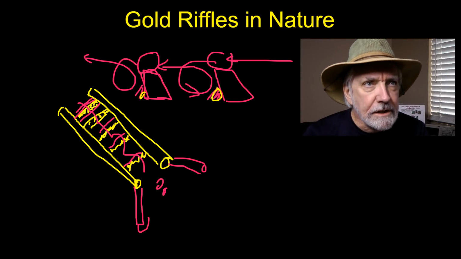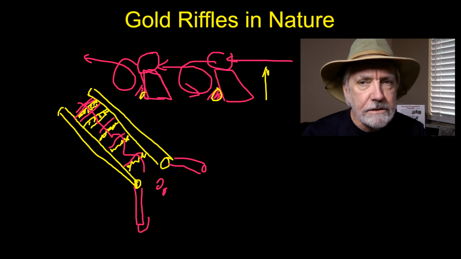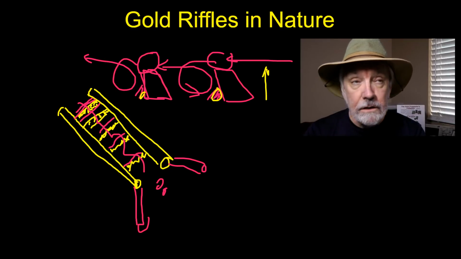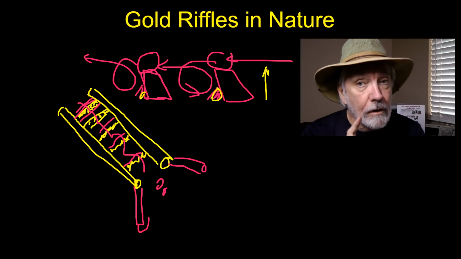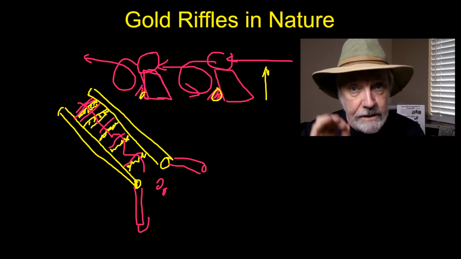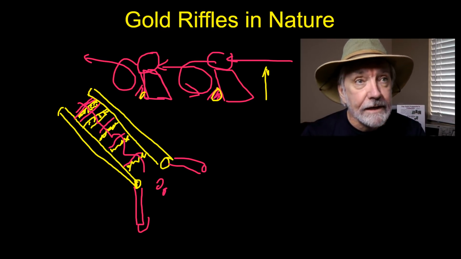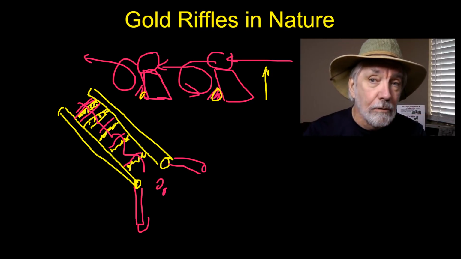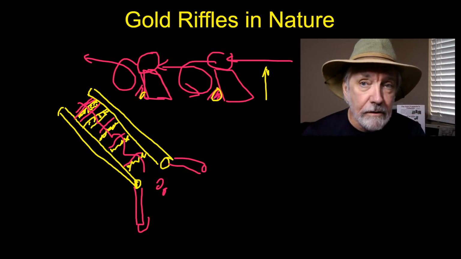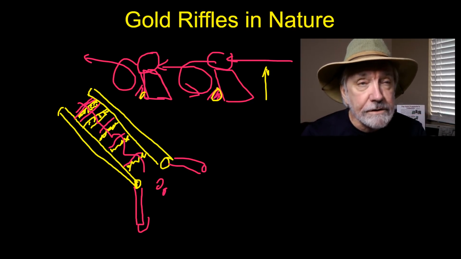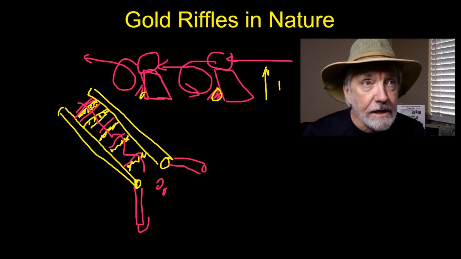But the objective would be to keep these things less than an inch high if you could, simply because unless you get more rushing water, you can't make it go faster. The problem with rushing water is you're going to blow your fines out the back end. And it's a lot harder to tune one of these things because it's a fixed slope. Once you grade it down the river, you're stuck with whatever you've got to deal with. So an inch or less here is probably a good idea.